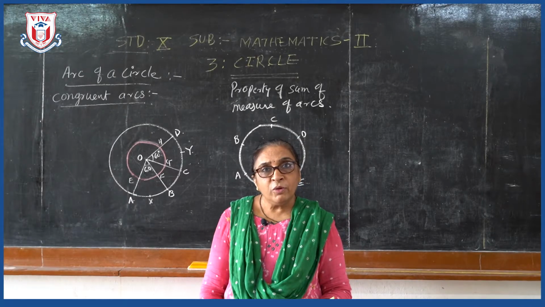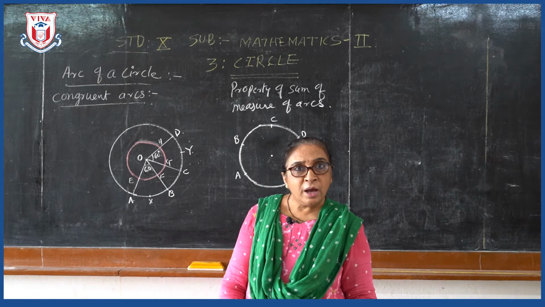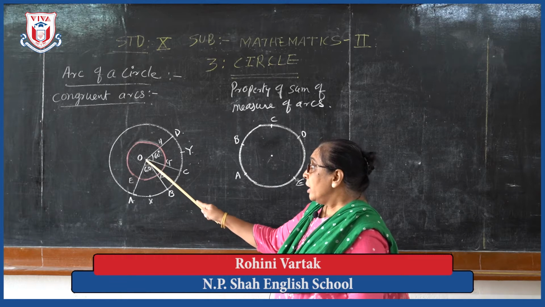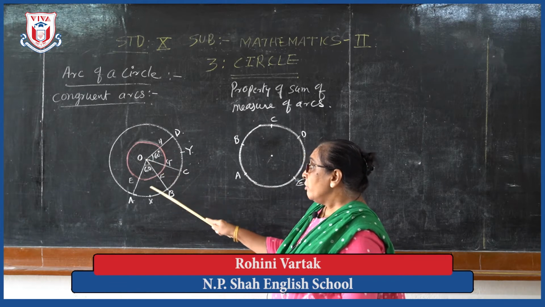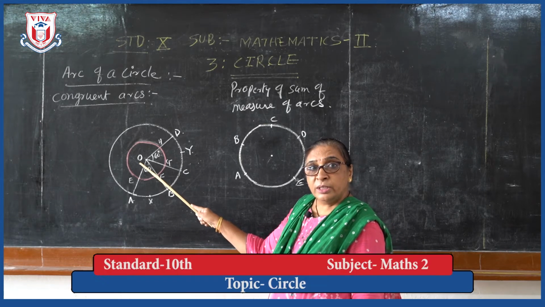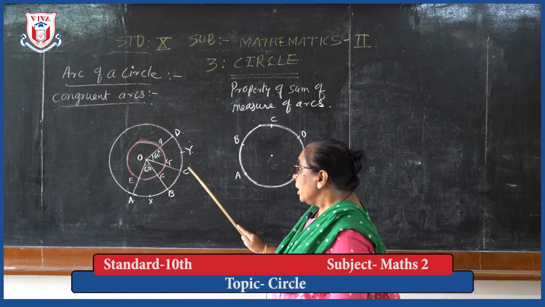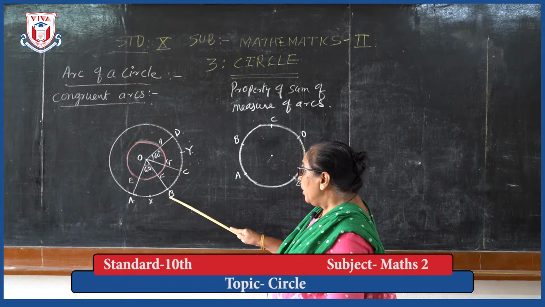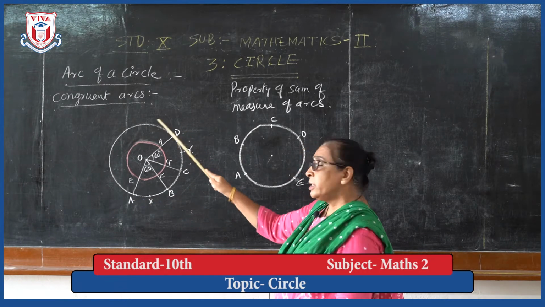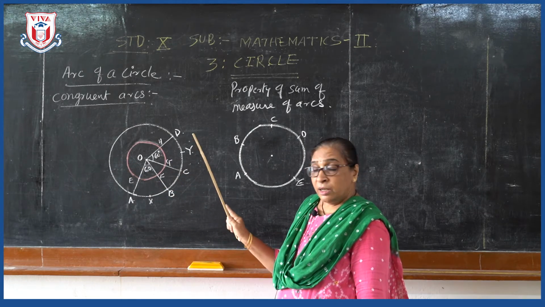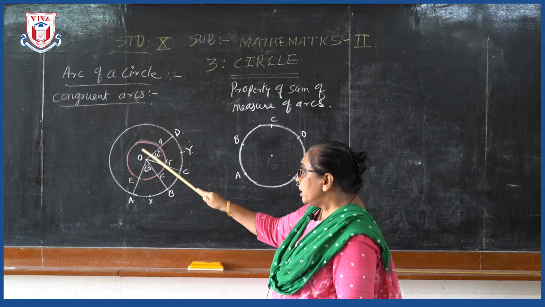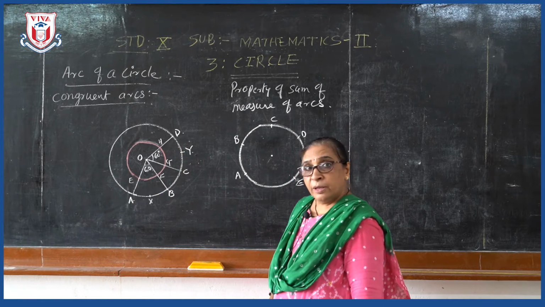Now, we will see what is the meaning of congruent arcs. Now, see in this figure, there are two circles which are having the common center O, means these are concentric circles. Now, A, B, C and D are the points lying on the outer circle, and E, F, G and H are the points lying on the inner circle.